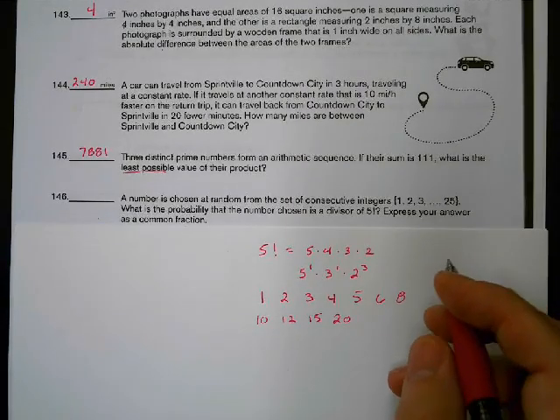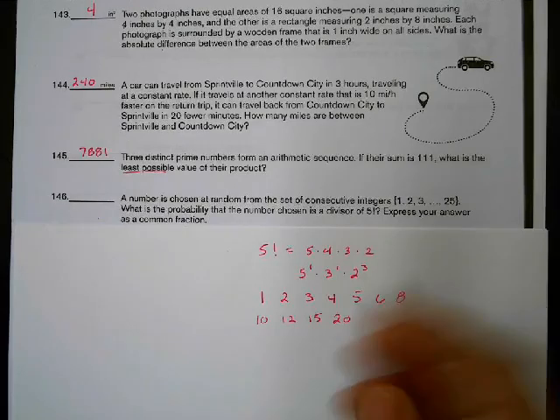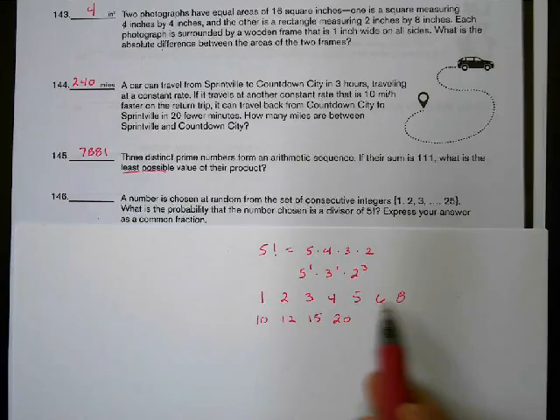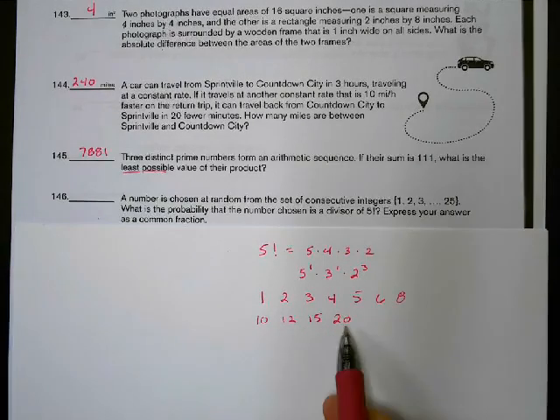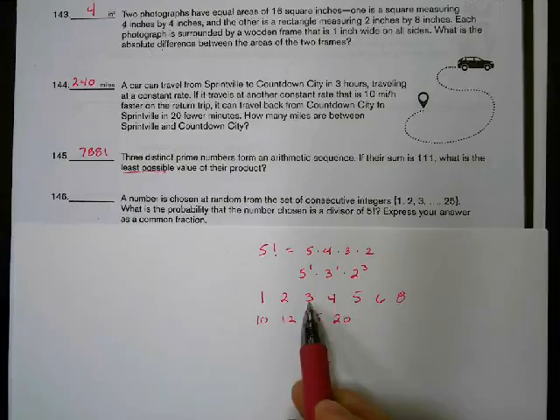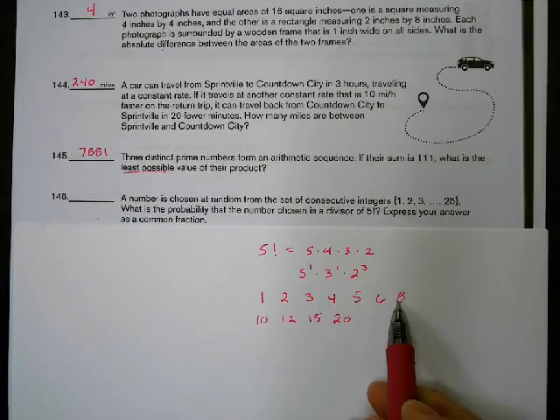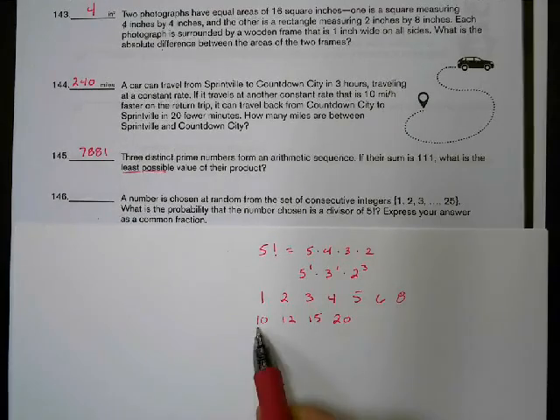So I've got 1, 2, 3, 4, 5, 6, 7, 8, 9, 10, 11. Oh, I missed one. What was the other one that I missed? 1, 2, 3, 4, 5, 6, 7, doesn't work. 8, 9, 10, 11, 12, 13, 14. Dang it.